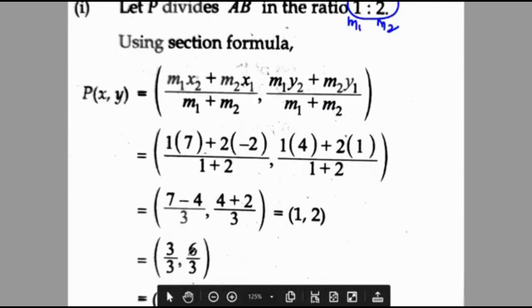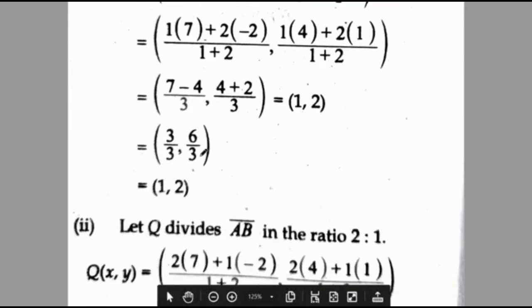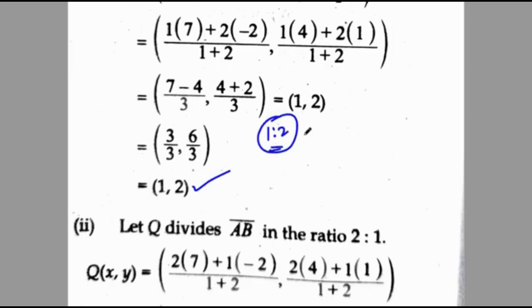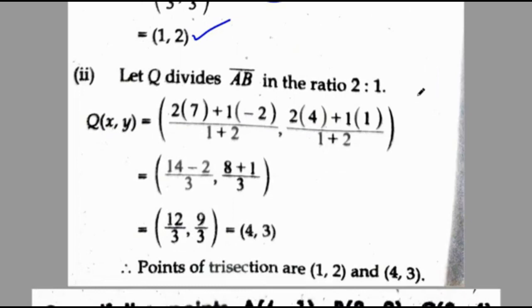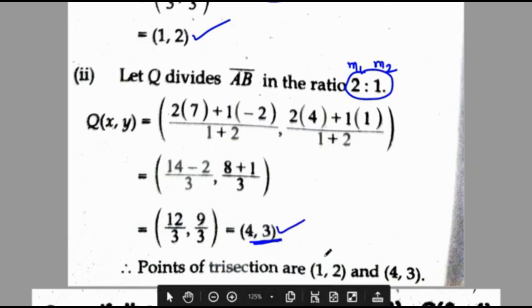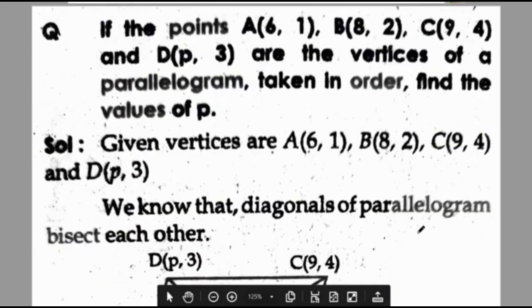Replace in the formula, and we get point P as 1 comma 2. The second time we use the section formula with 2:1. Now 2 will be m1 and 1 will be m2. Replace with the same points, and we get point Q as 4 comma 3. Therefore the trisection points are (1, 2) and (4, 3).